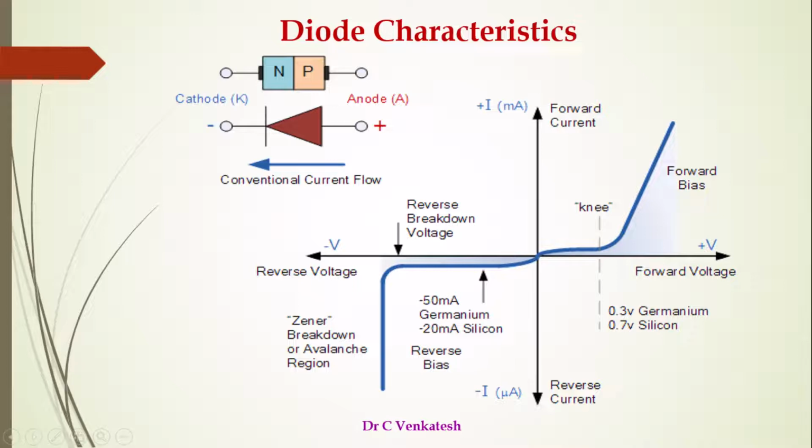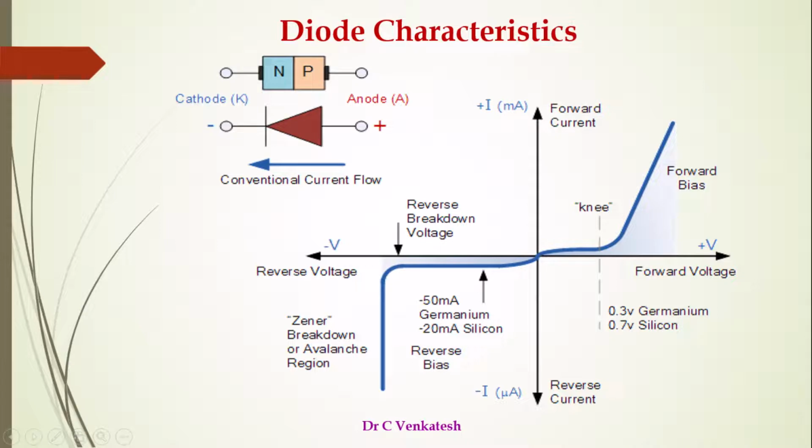The reverse bias characteristics. The anode is connected to the negative of the battery. The cathode is connected to the positive of the battery. Once the connection is made, the depletion layer width increases. Only minority carrier current flows across the junction.